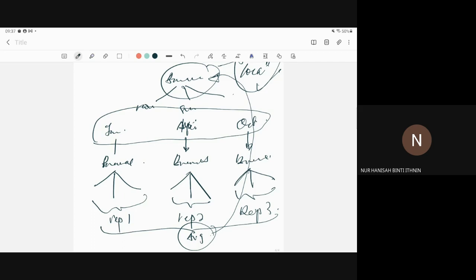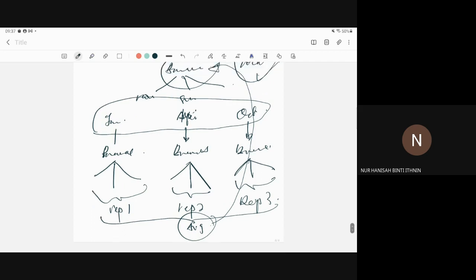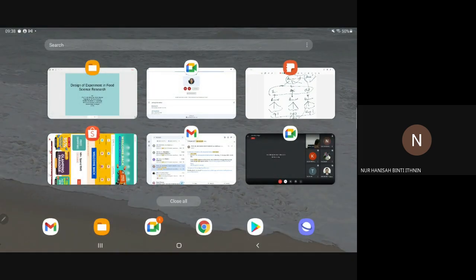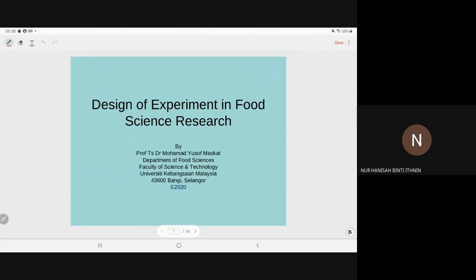Okay, so if there are no other questions, let's get back to our lecture. Okay, previously we have started to discuss the design of experiment.